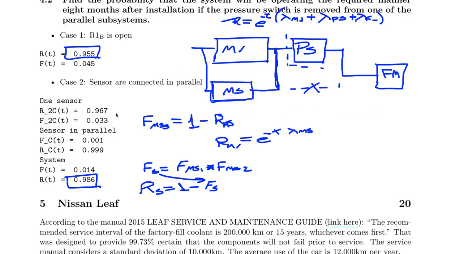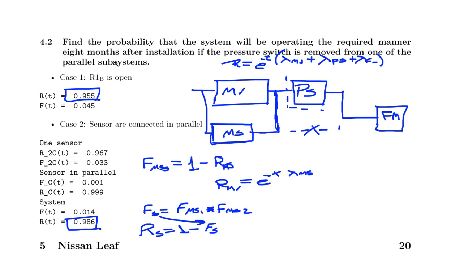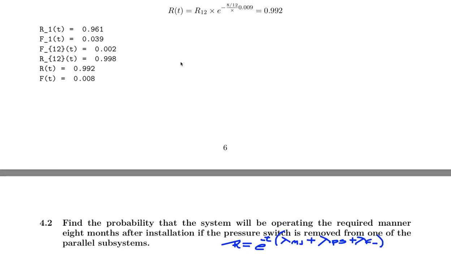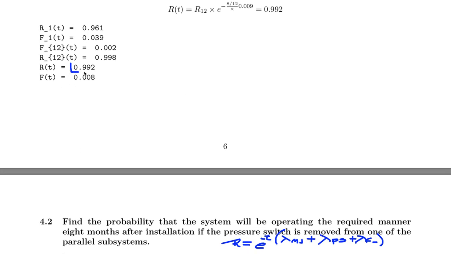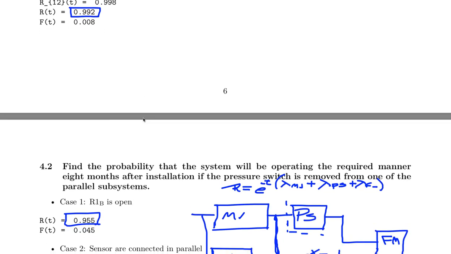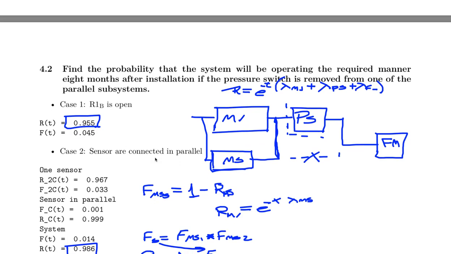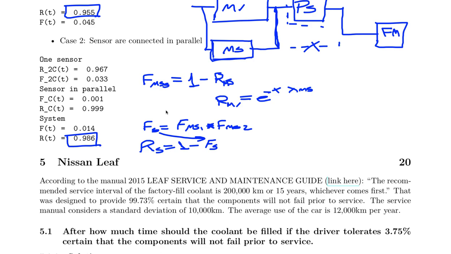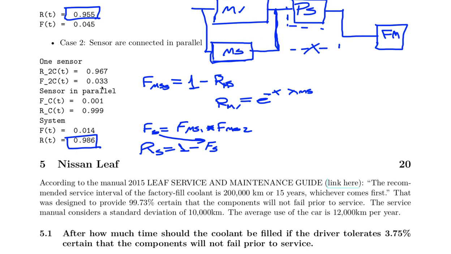So what you need to know is that as you have more elements in parallel, expect to have a higher or greater reliability. So for the original system, 0.992; with only the two moisture sensors in parallel, I have a slightly smaller reliability. And then if I have only a serial system, I have the smallest reliability.